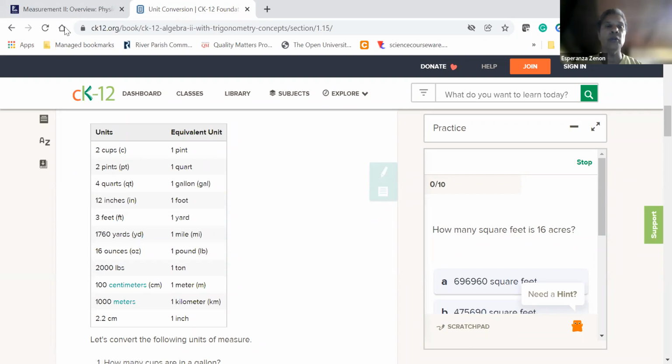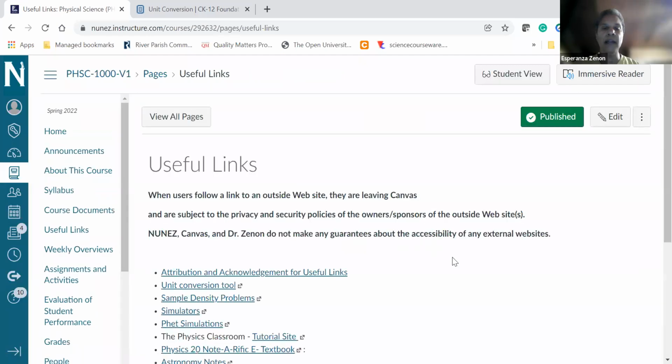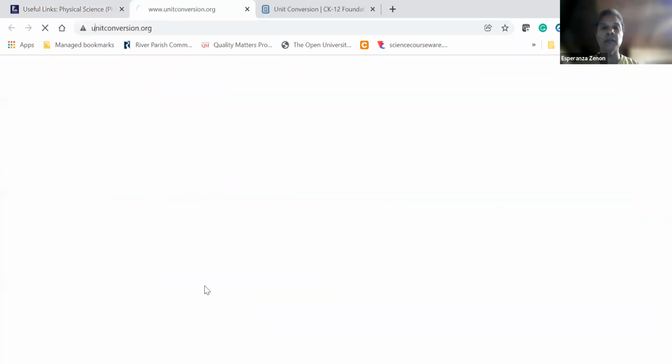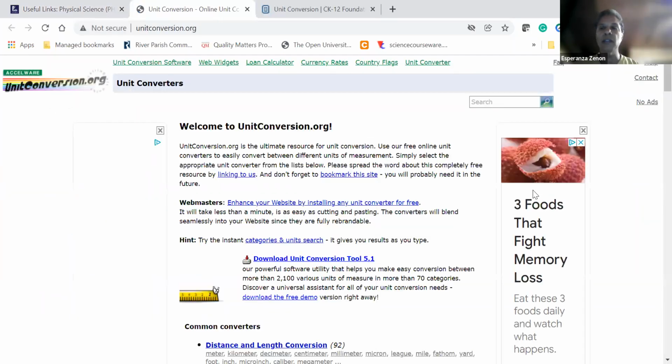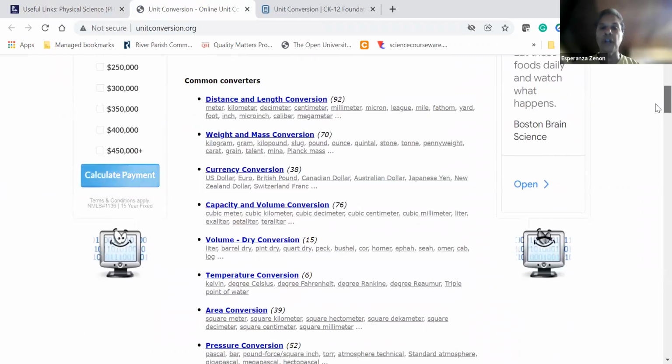So let me show you one tool that you have available at your disposal. If you look under useful links, one of the very first items is a unit conversion tool. And this unit conversion tool has, you know, conversion charts.